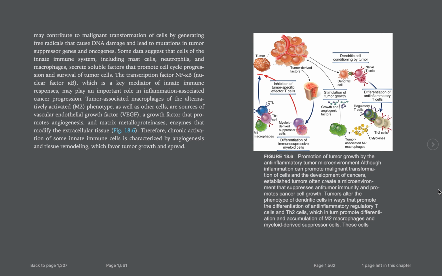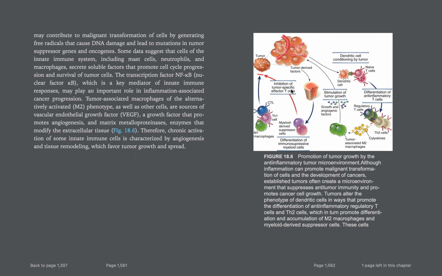Tumors alter the phenotype of dendritic cells in a way that promotes the differentiation of anti-inflammatory regulatory T cells and T helper 2 cells, which in turn promote differentiation and accumulation of M2 macrophages and myeloid-derived suppressor cells. So we have this, the tumor-derived factor.